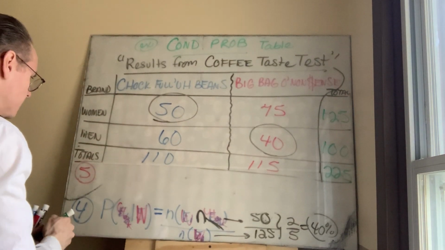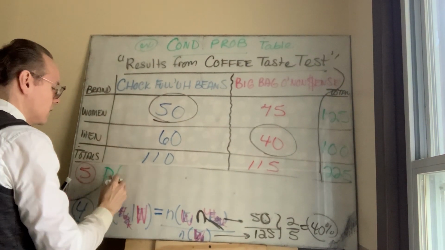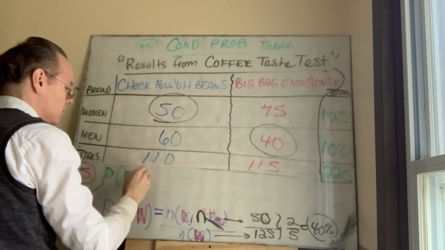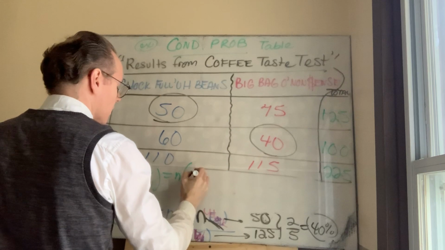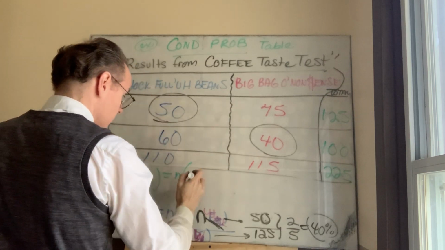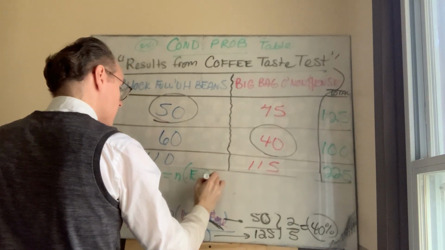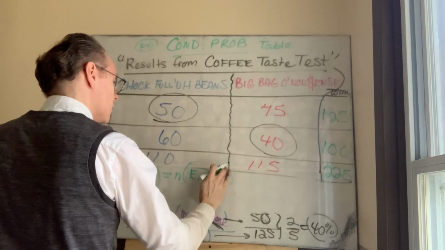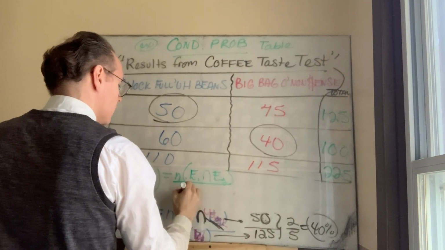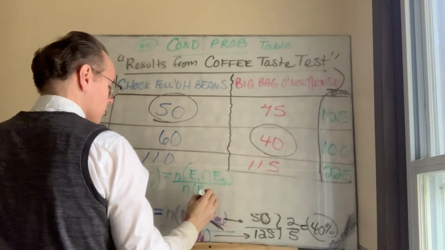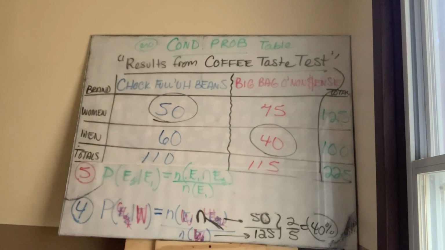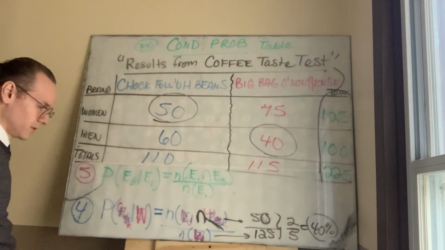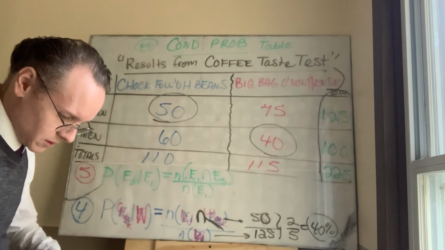So here's the formula. E2 given E1 is equal to the number of outcomes favorable to the intersection of E1 and E2 over the number of outcomes favorable to event 1, which is really the total of E1.